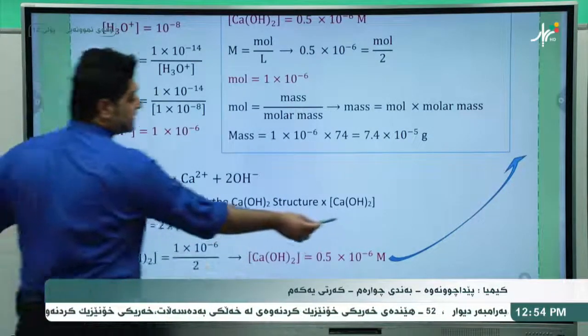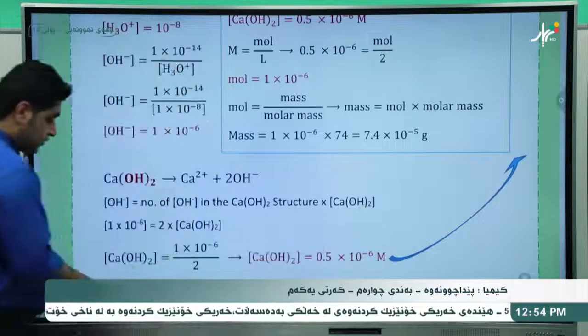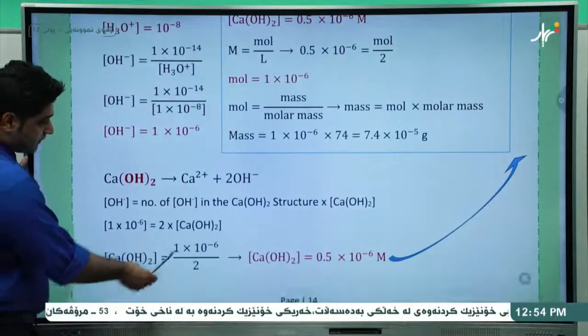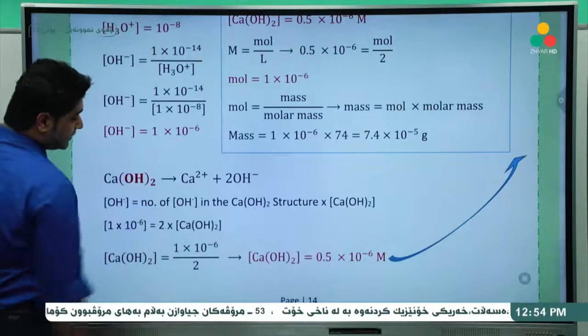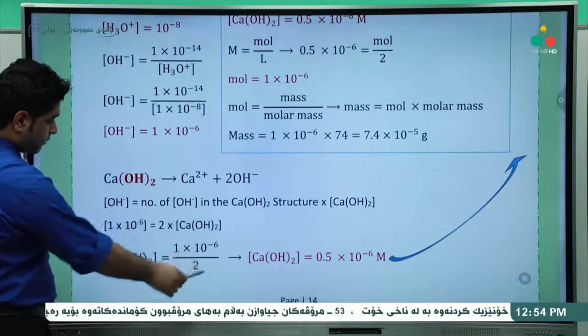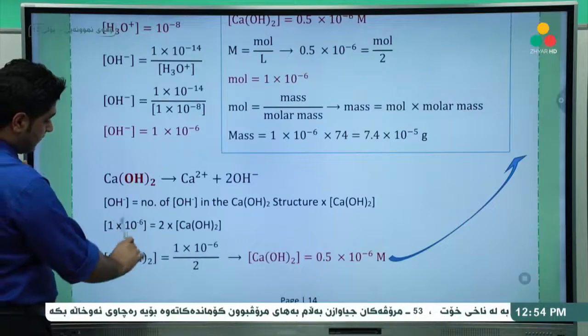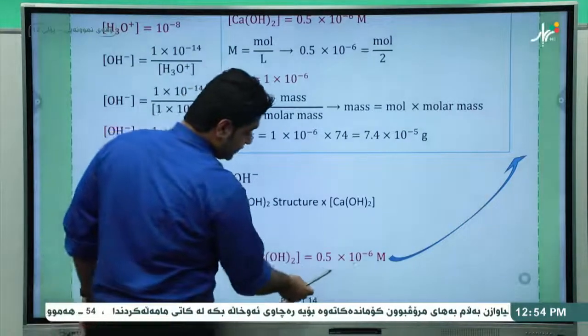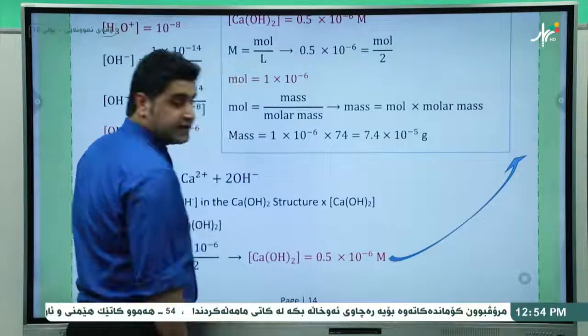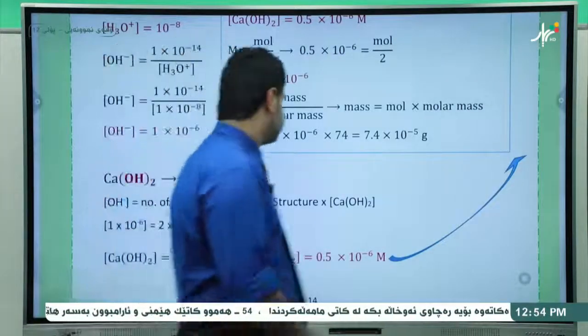We need to find the concentration. So the concentration is equal to the hydroxide ion concentration divided by 2, since there are two. So the concentration is equal to 0.5 times 10 to the negative 6.